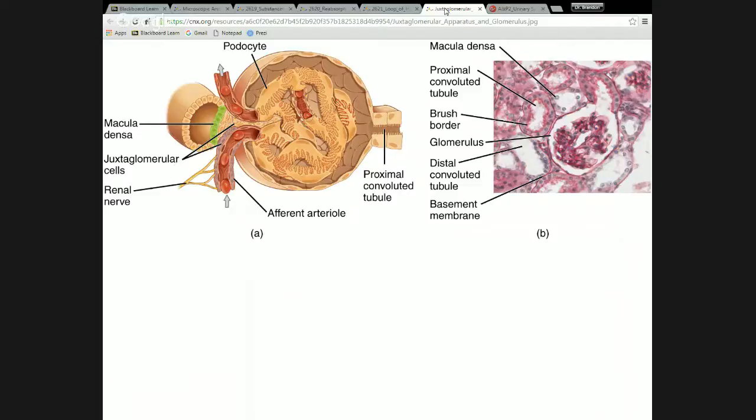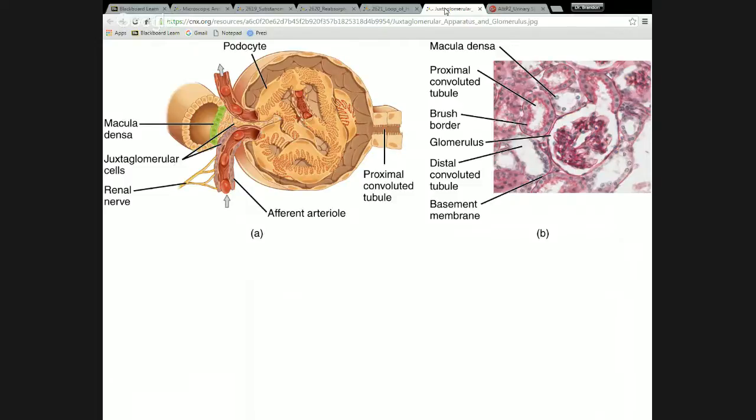Okay, give me a second, I want to make sure I say this correctly. If what's coming through here is less concentrated or flowing less forcefully than it should, then the glomerulus is not filtering things out at the right rate.